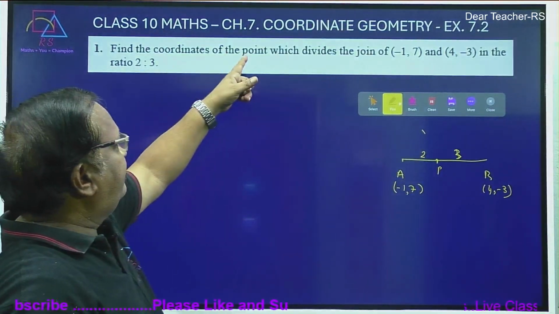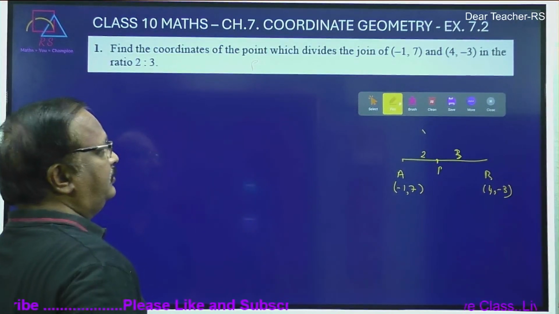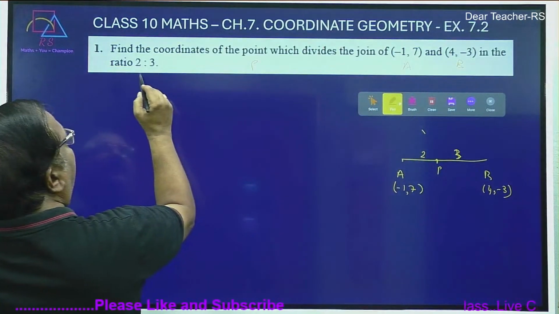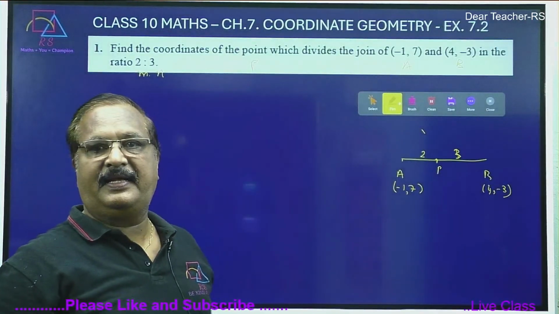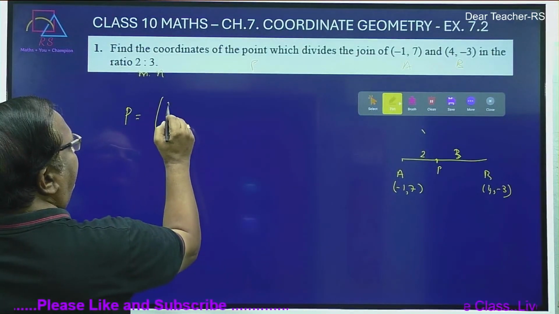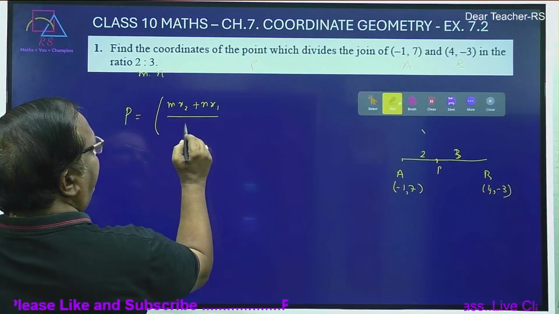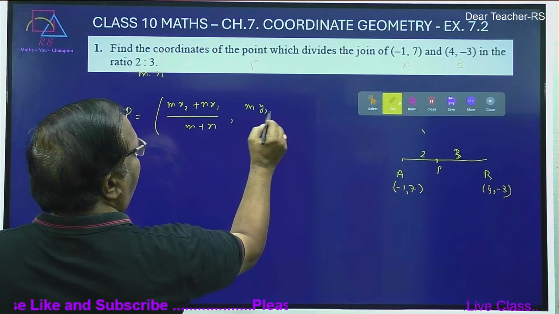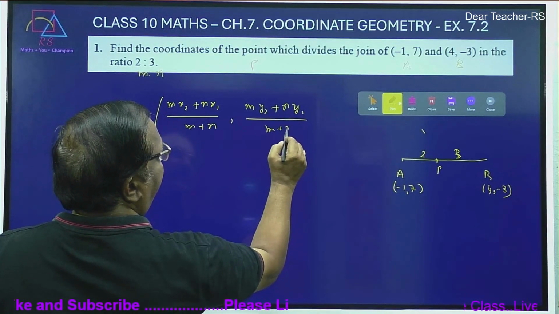Find the coordinates of the point. This point is nothing but P. So this is P, and this is A, and this is B, and this is m is to n. You can remember like that. Now P is equal to, I will write the formula, mx2 plus nx1 by m plus n comma my2 plus ny1 by m plus n.